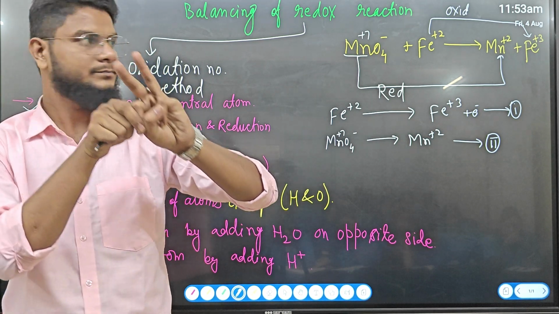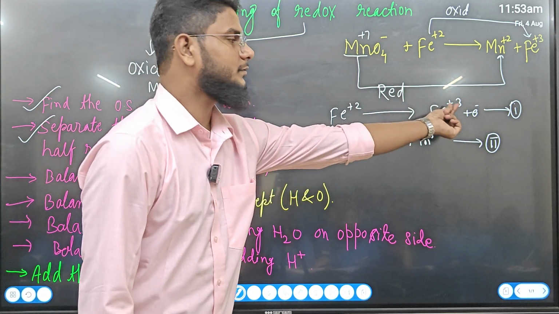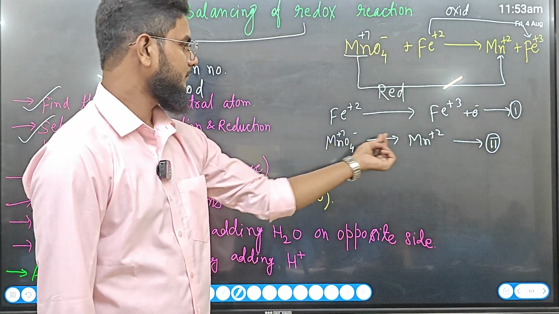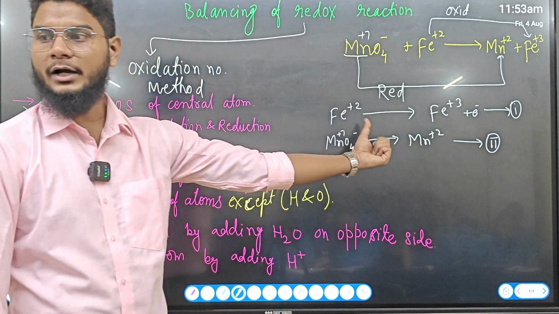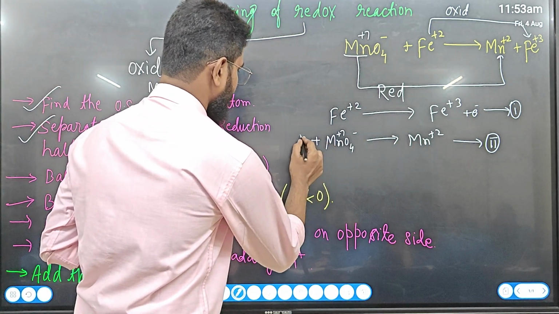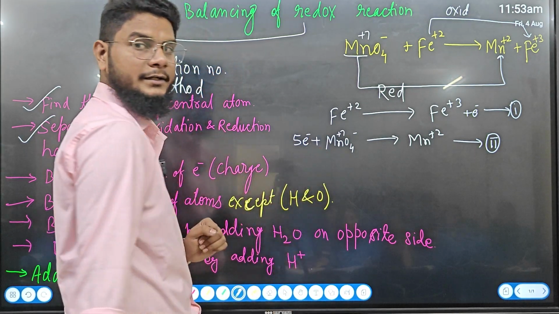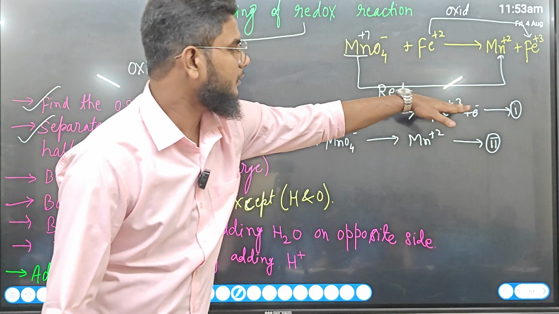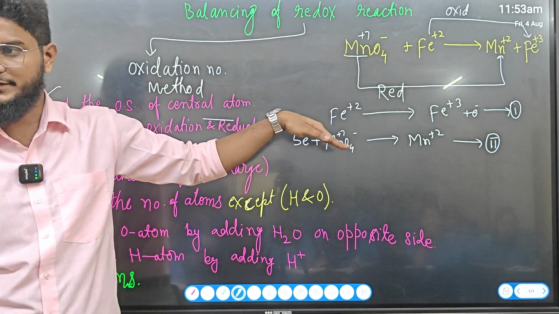You will get plus 2 here, and this side also plus 2. Here you have plus 7 to plus 2, so you have to add 5 electrons. Clear?